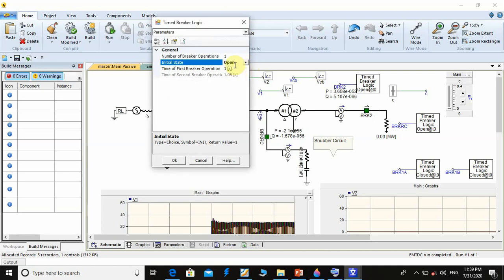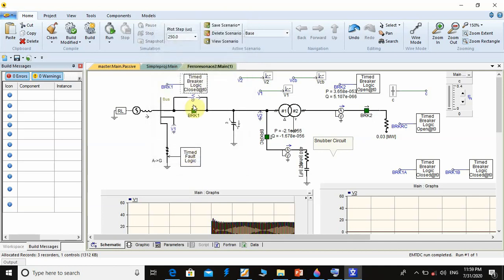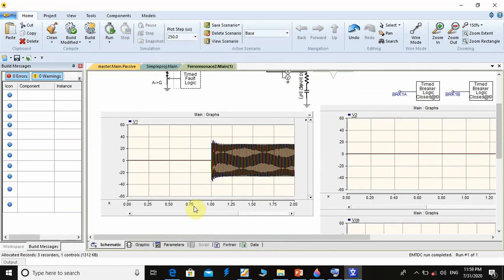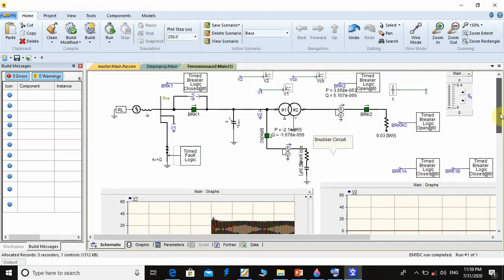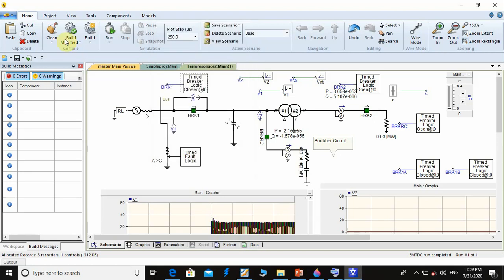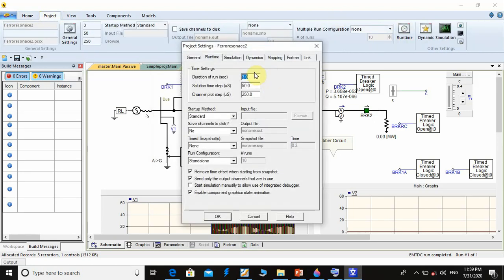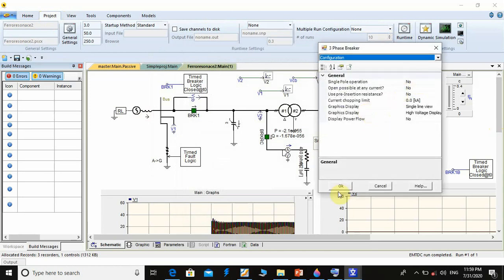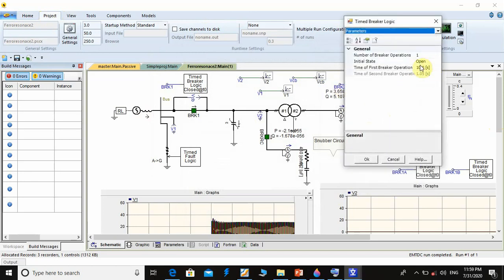Circuit breaker closed for 1 second, after that the circuit breaker opens. Let us check the runtime, about 3 seconds, it's okay. And at this time the low voltage circuit breaker opens at 10 seconds, more than the runtime.